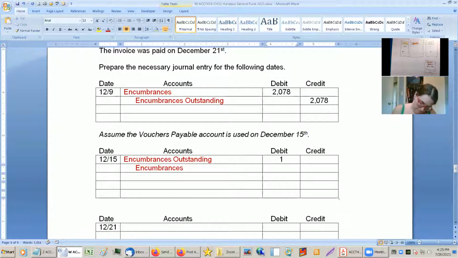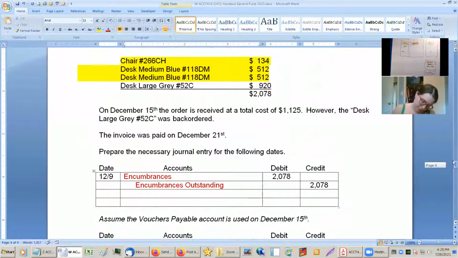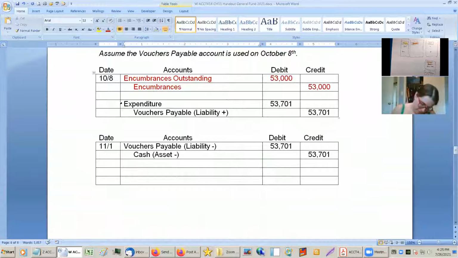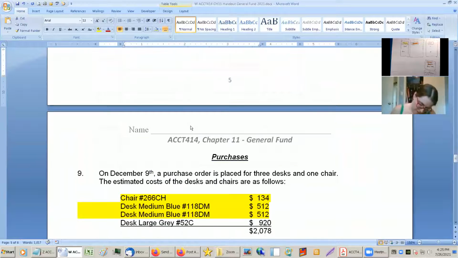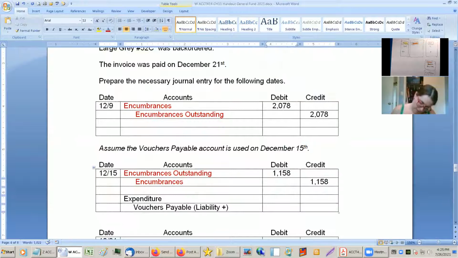So then on the 21st, when we pay for the three of the 4 items, vouchers payable would be the debit, and that would decrease our liability. And then our credit would be for cash, in the amount of the 1,125.